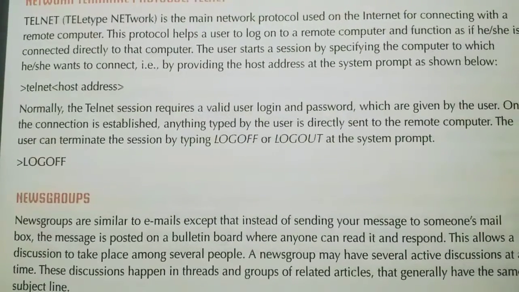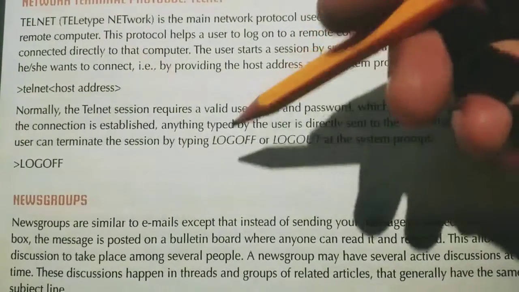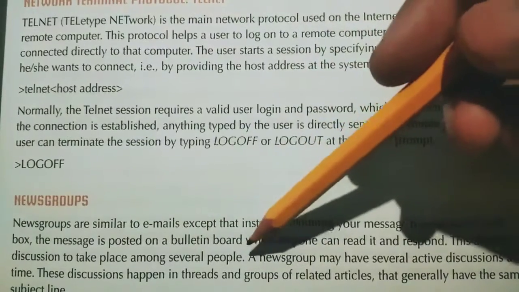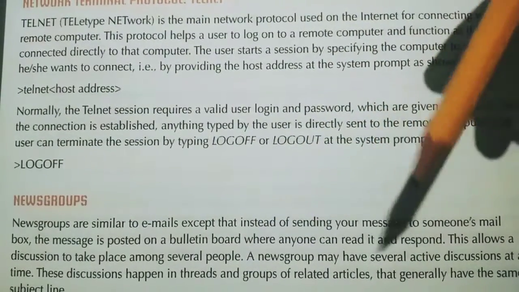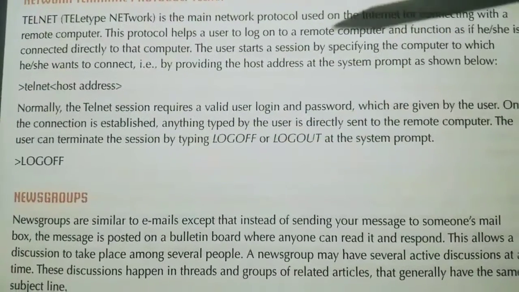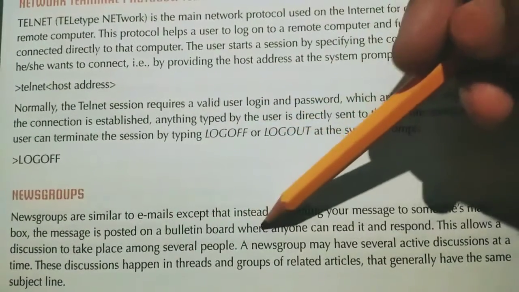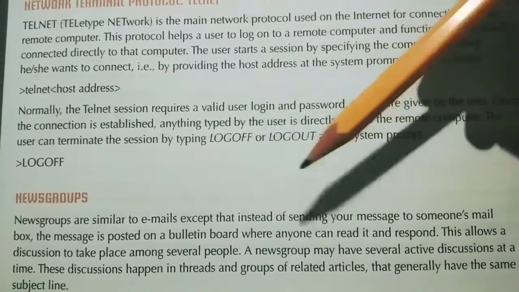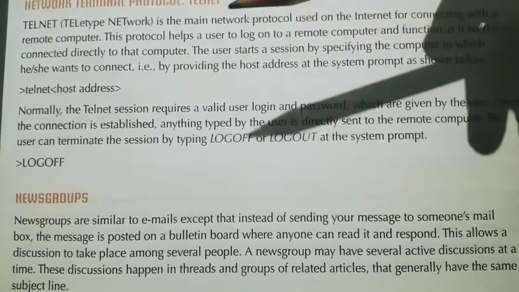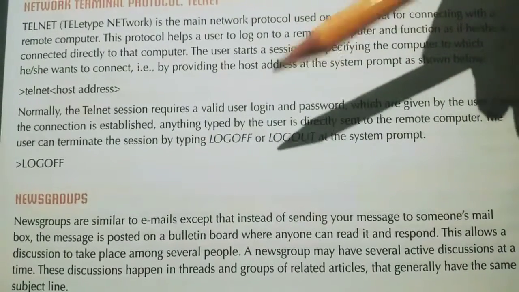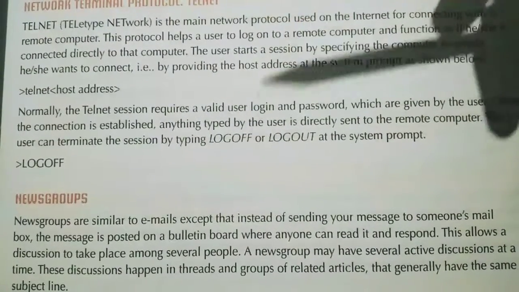In email you send your personal messages, that is private. But a news group is not private, it is public. It is posted directly to the bulletin board where anyone can read it and respond to your message. This allows a discussion to take place among several people. When everybody can read it, then obviously the discussion can start and some people will reply to your message.